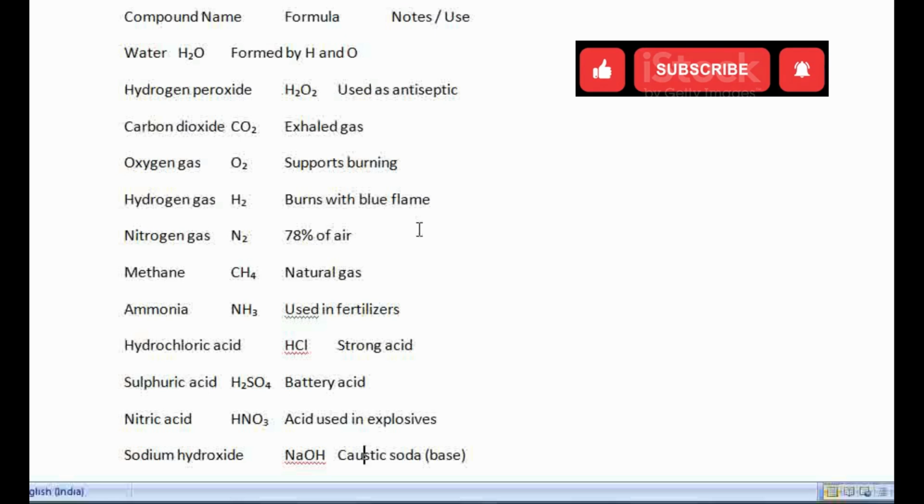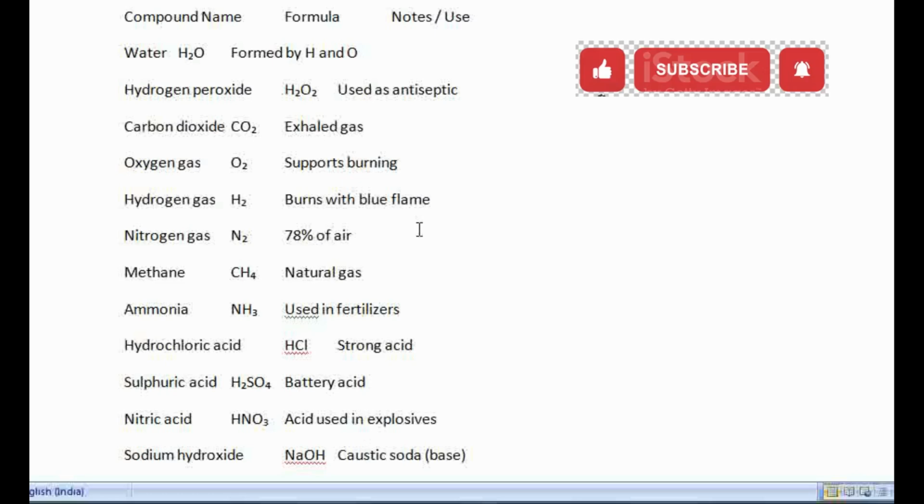It contains sodium chloride. Calcium carbonate CaCO3, chalk or marble. We already know about the chalk on the board. To write on the blackboard we use a chalk piece. Carbon monoxide CO, poisonous gas. Glucose C6H12O6, sugar in foods.